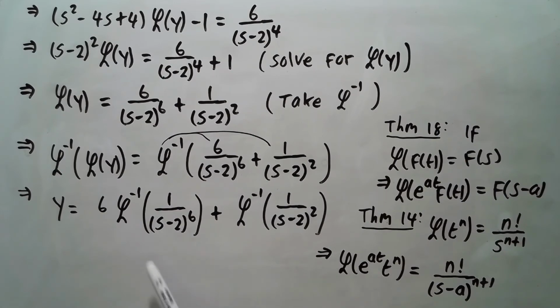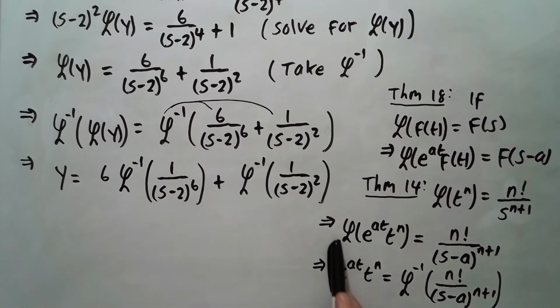So in particular, we can take the Laplace inverse on both sides here. Then it would say that e to the at times t to the n is the inverse Laplace of this guy here.